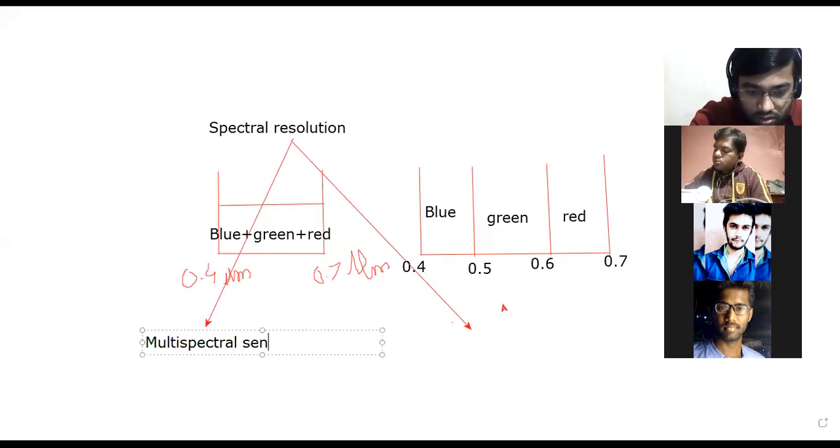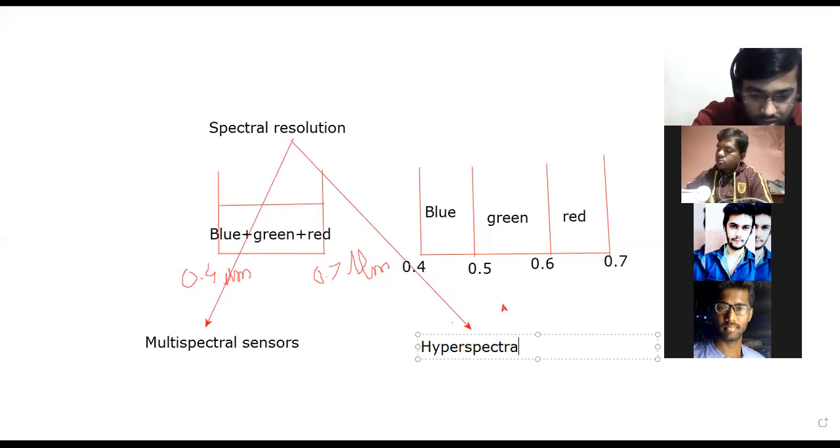Multispectral sensors and hyperspectral sensors.